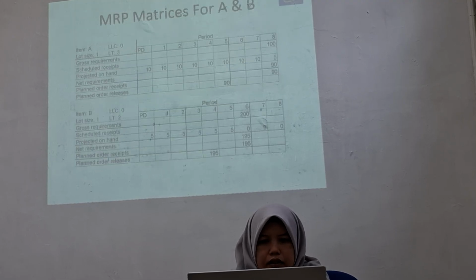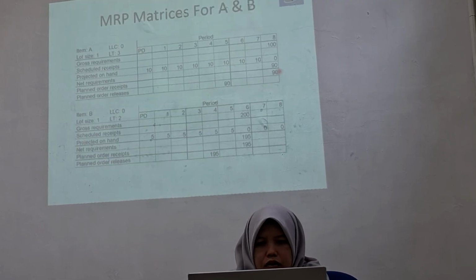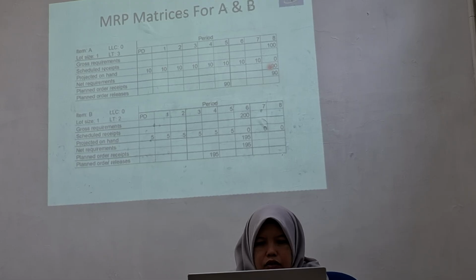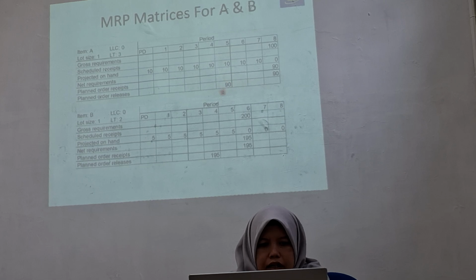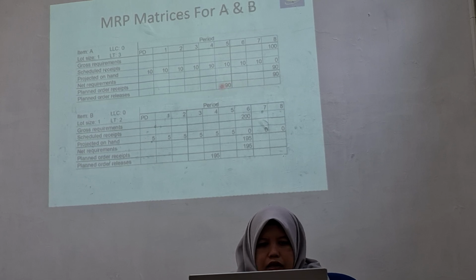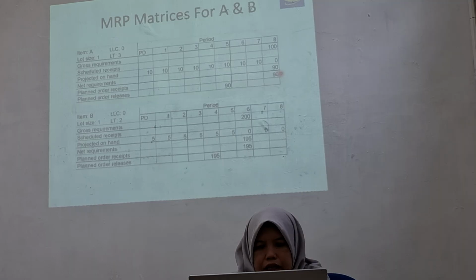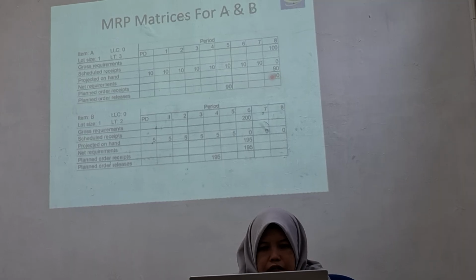So backward 3 periods as 90 units. 1, 2, 3. So release 90, and the order is received 3 periods after the 90 release.